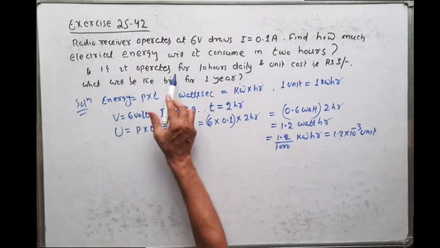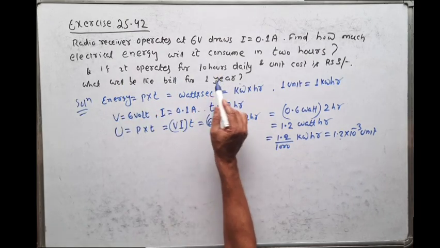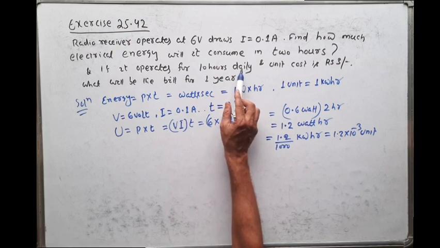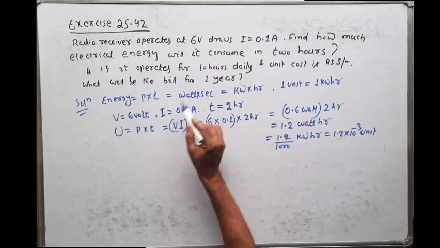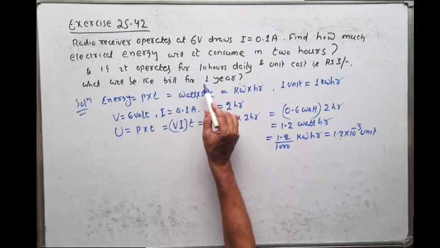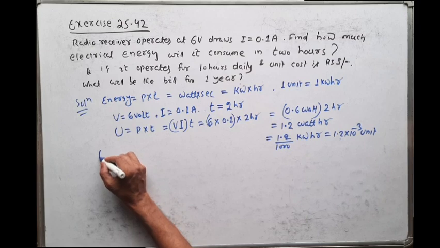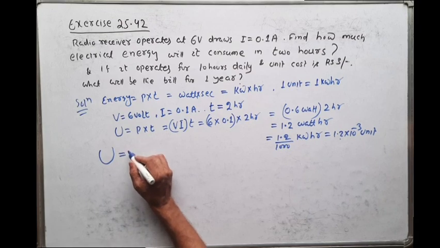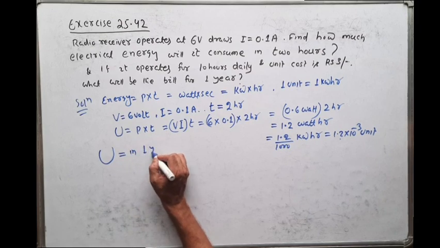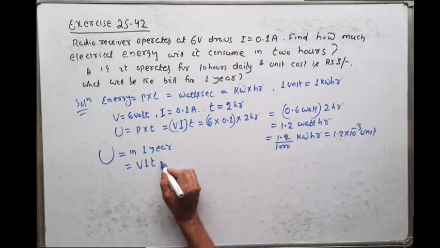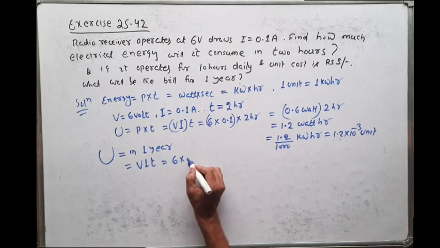Next question, which I have added here. If that radio operates 10 hours daily with the same voltage and same current, what will be the electric bill you have to pay in 1 year? That means we have to calculate total energy in 1 year. So what is the energy? Again V I into T. V is equal to 6 volt and current is equal to 0.1 ampere.